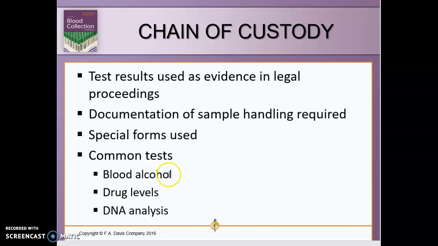The reason being, if a person is in a car accident, somebody's been killed, and this person has alcohol in their system, but they're trying to pay somebody off in the lab, or doing things to skew the results so they can get out of whatever trouble they're in. The chain of custody monitors this type of lab very closely. The same with drug levels and DNA testing.